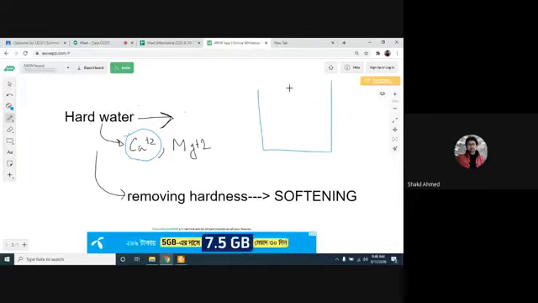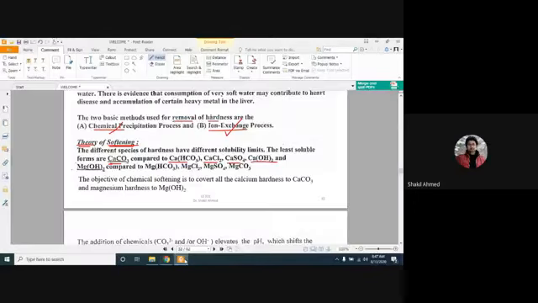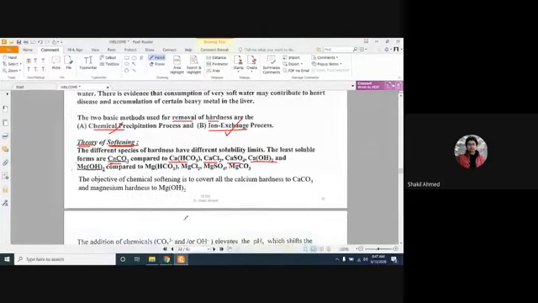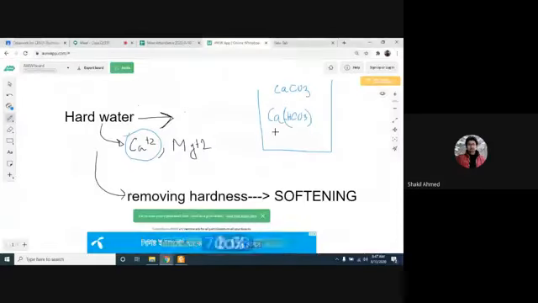So here you can have calcium carbonate, then calcium bicarbonate, then calcium chloride, calcium sulfate, many forms and others.